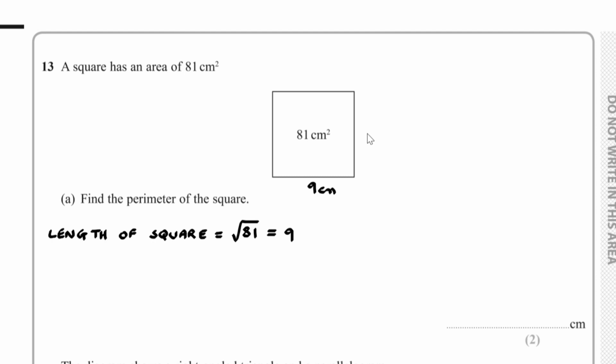So we've got 9 centimeters here and 9 centimeters here. And therefore, for the perimeter, we would have 4 times by 9, which is 36. We've got the perimeter being 36 centimeters.